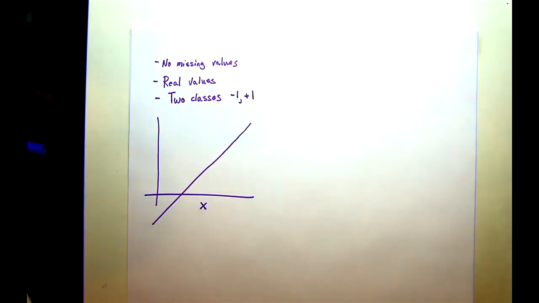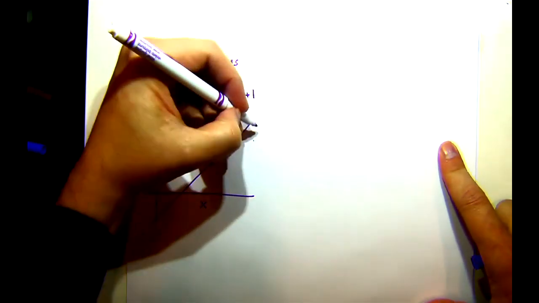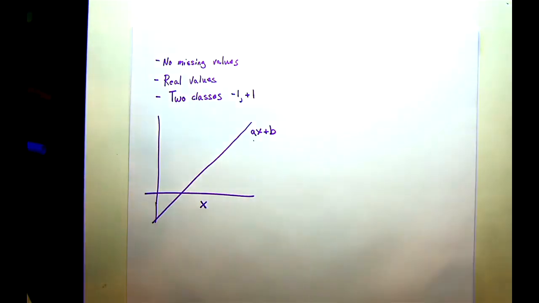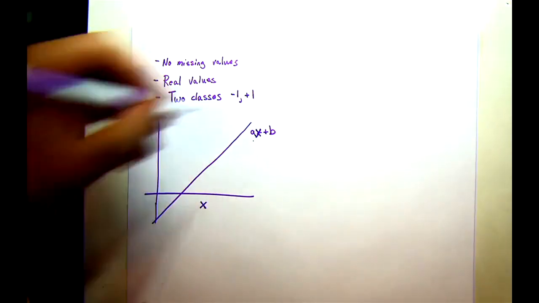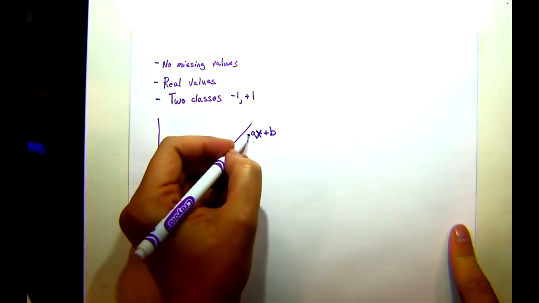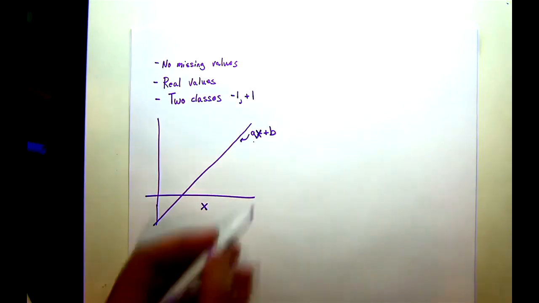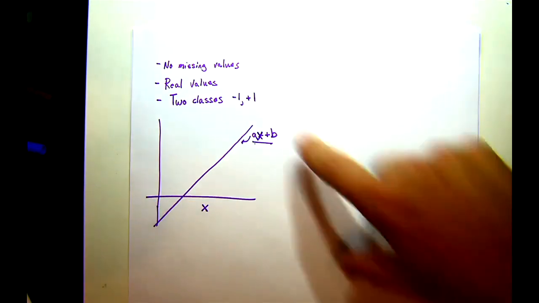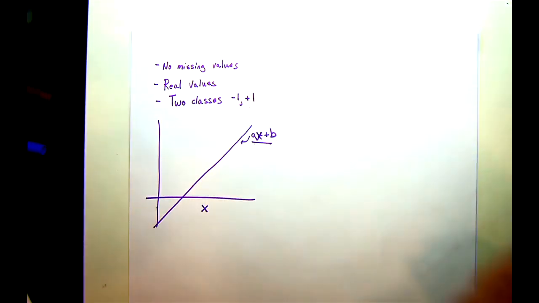Now this line is some ax plus b. What we're going to say is that anywhere this ax plus b is positive, we're going to call that a positive example, and anywhere it's negative, we're going to call it a negative example.